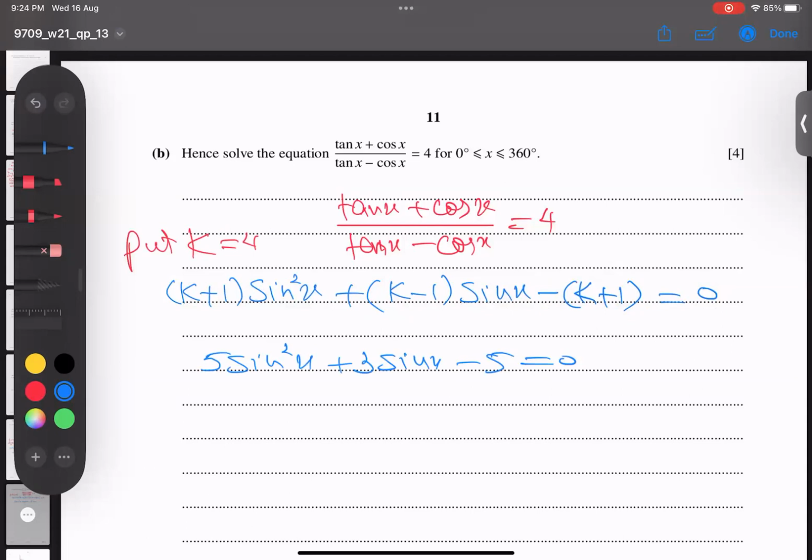Here I can apply two techniques. Now I can go for factorization, or I can go for the quadratic formula. And sine x is equal to, what is the a value, students? The a value is this 5, the b value is this 3, and the c value is this minus 5. Although I can go for factorization, 5 fives are 25, and I don't think so.